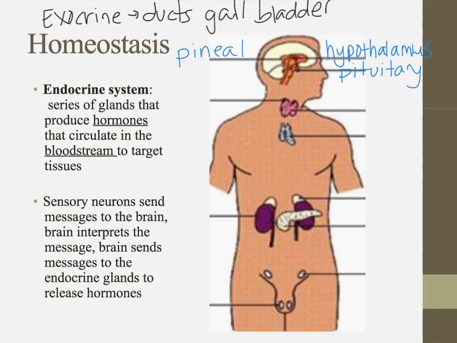We'll talk more about those in a little bit. We have in the throat the thyroid gland, and within the thyroid gland, we have the parathyroid. A little bit further down, we have the thymus.